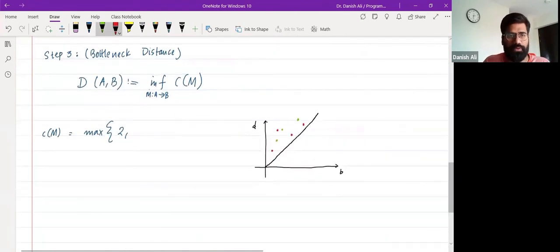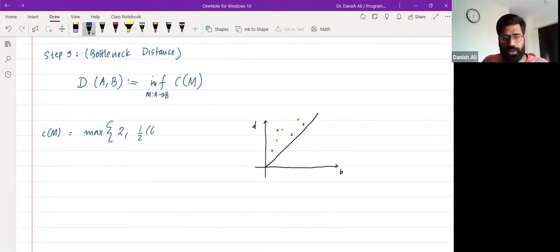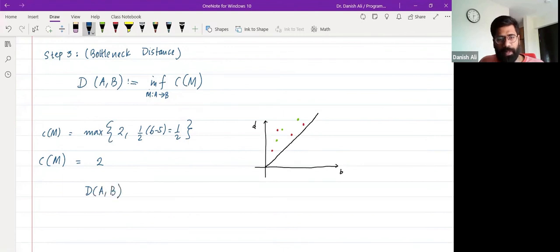So the maximum of these two numbers is 2. So the cost of the partial match is 2 for this given partial match. Hence, the bottleneck distance will be less than or equal to 2 for the given persistent diagrams.